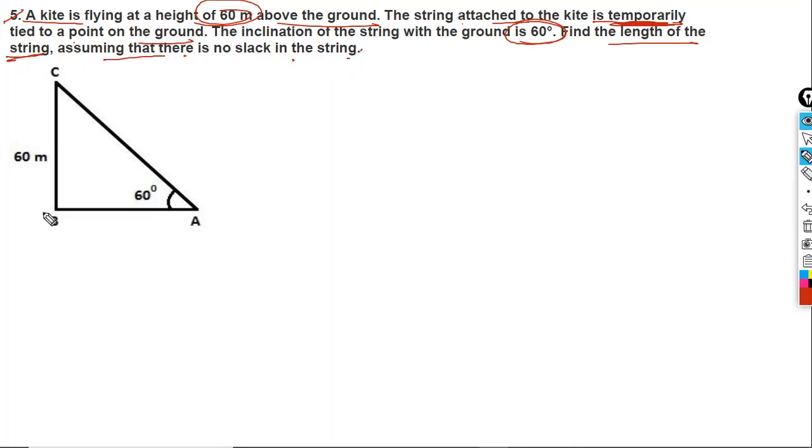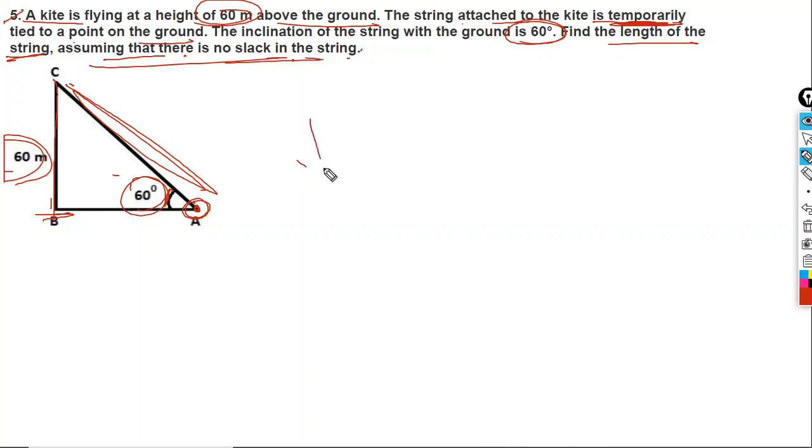Look, a kite is flying and the height of the kite from the ground is 60 meter. Now the kite is attached to a string, and it is fixed at the ground at some point A, and the length of the string is AC. This is the length of the string, and the angle of inclination is 60 degree, and we will assume that there is no slack in the string.